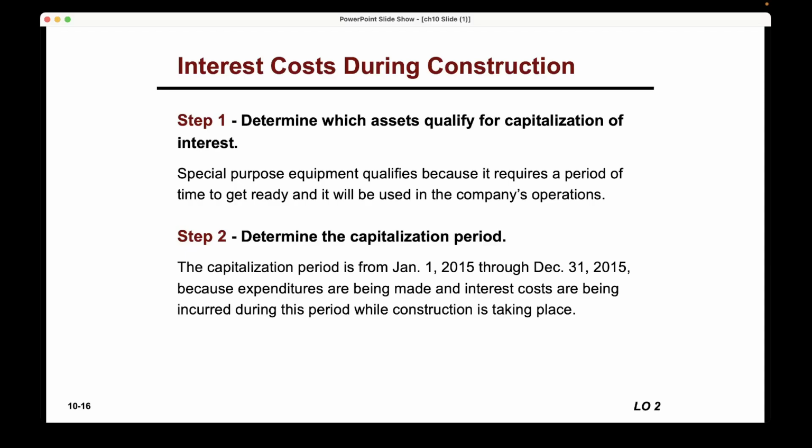By following these 2 steps, we ensure that only the qualifying asset, which is the special purpose equipment in our example, is considered for interest capitalization, and we also ensure that the period during which interest is capitalized is clearly defined, which is from January 1st, 2015 through 31st December 2015.